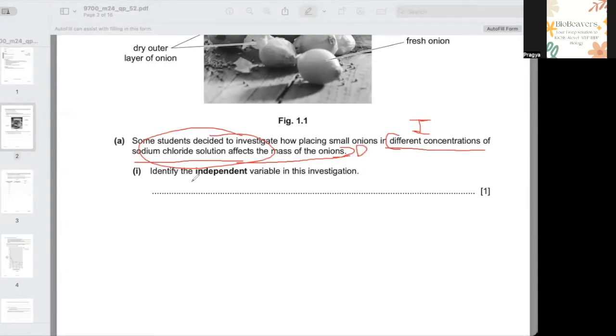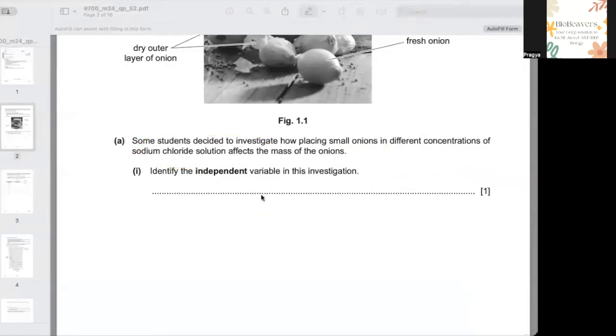So the answer here is going to be concentration of sodium chloride solution. As I mentioned earlier, it's always mentioned in the question, so it's very easy to score in this part. Okay, let's move to the next part.